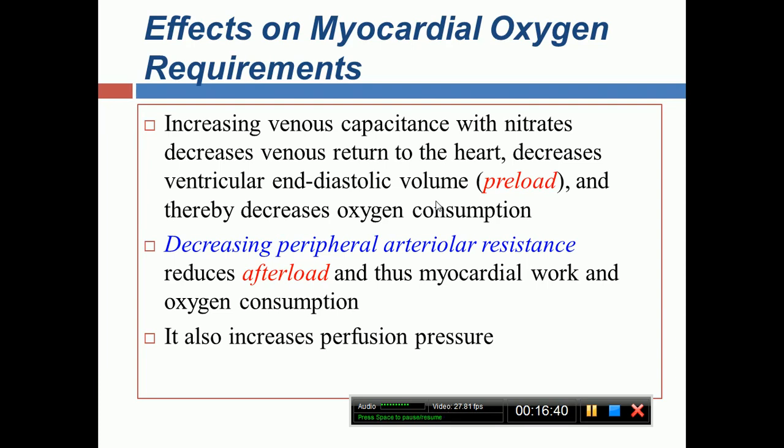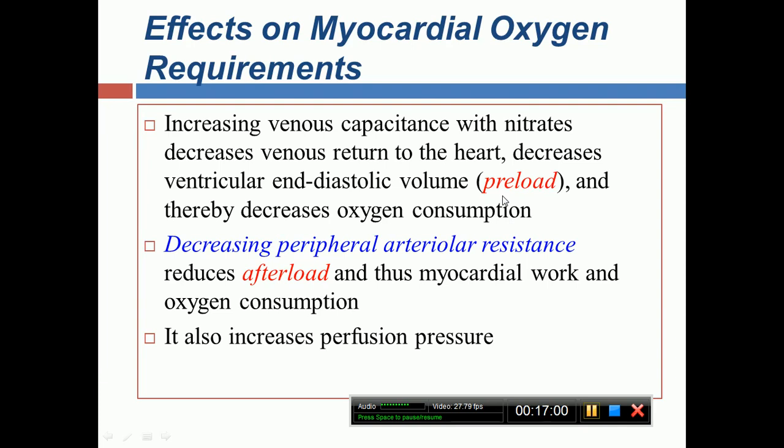So EDV or end diastolic volume refers to the final volume just before the contraction of the heart starts, when the diastolic phase is ending. So this defines the preload.